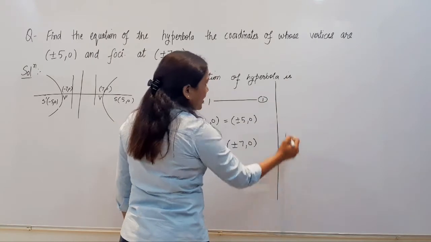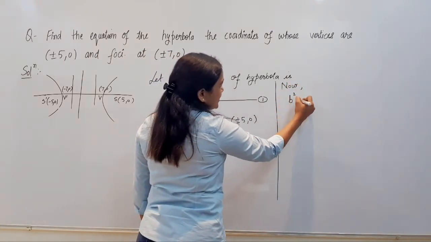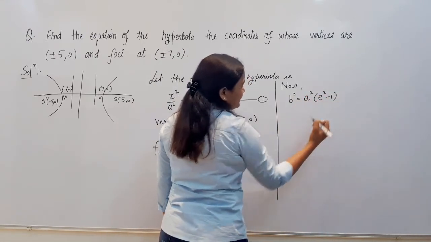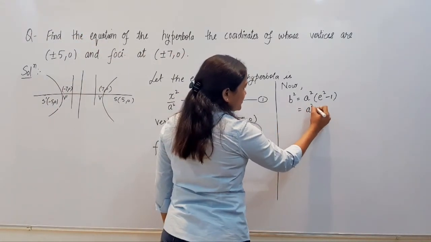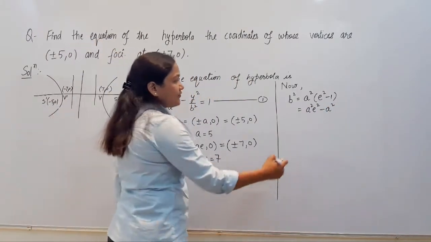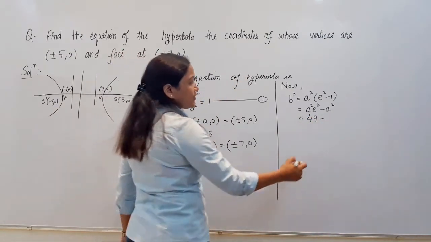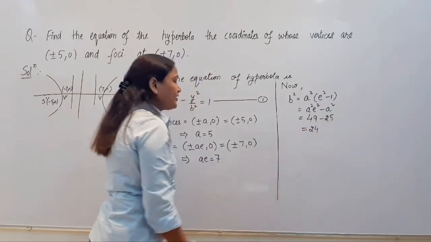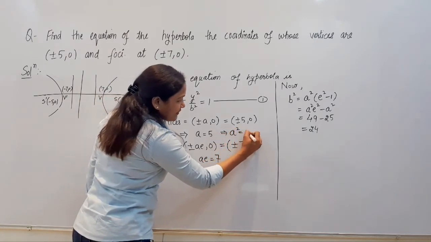Now a is 5 and AE is equal to 7. For the hyperbola, we know that b square is equal to a square into e square minus 1. So b square will be a square e square minus a square. What is a square e square? It is 49. And what is a square? That is 25. So this is 24. b square is 24 and a square is 25.